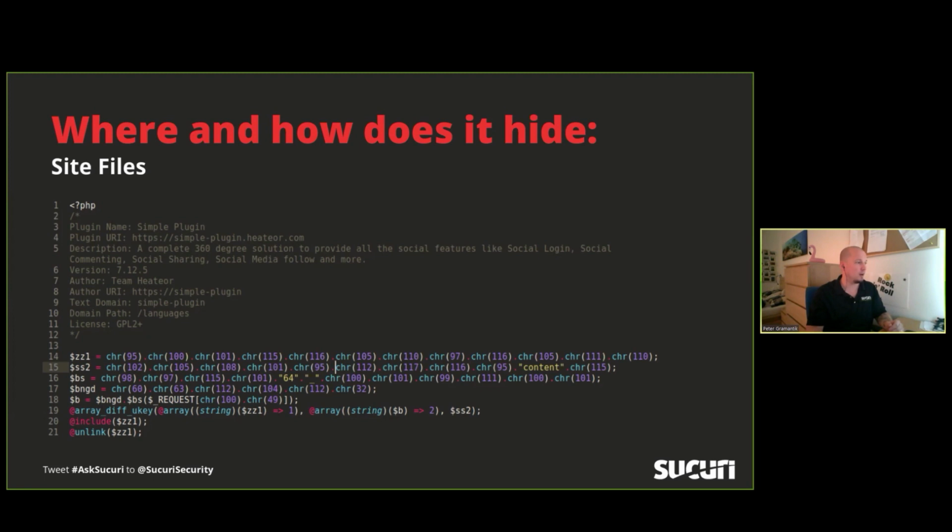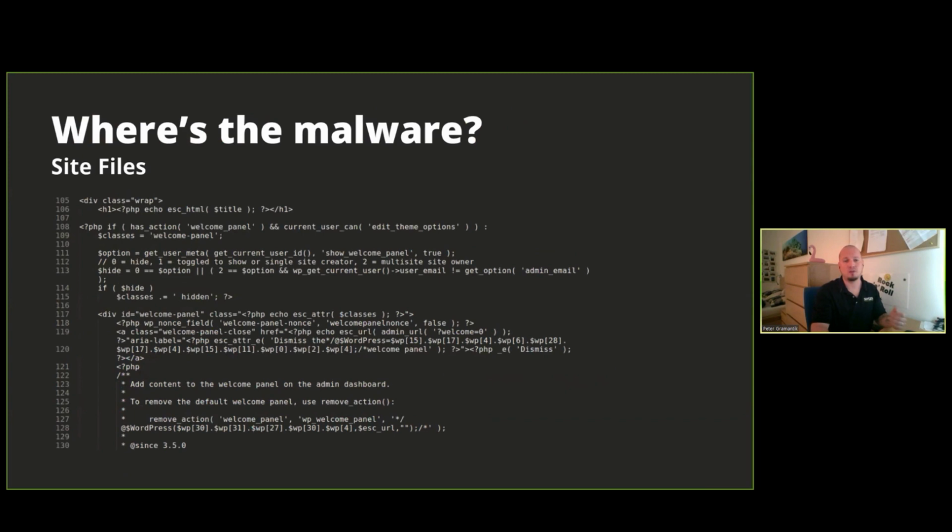This is a backdoor, which had probably some random name, and we can probably directly delete the file because it's clear that it's malware. But there are some others which are not so easy to spot. Like, for example, this one. Where's the malware here? This is obviously legitimate looking code, but there's malware hidden somewhere.